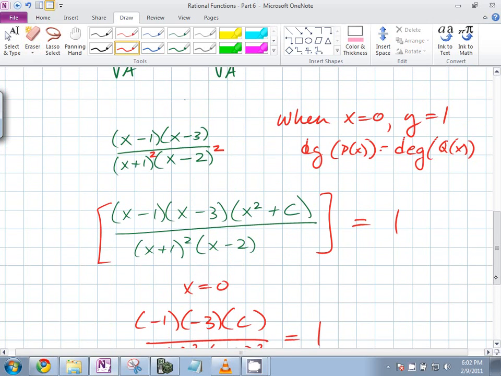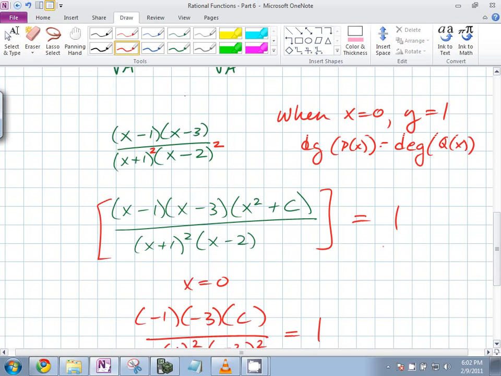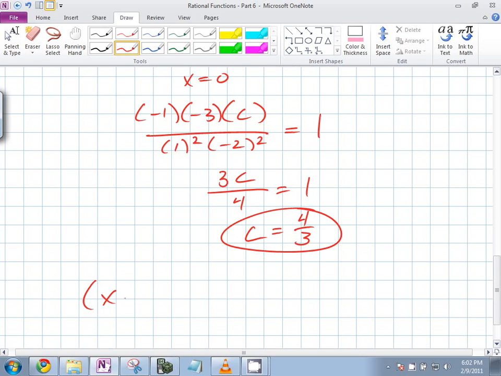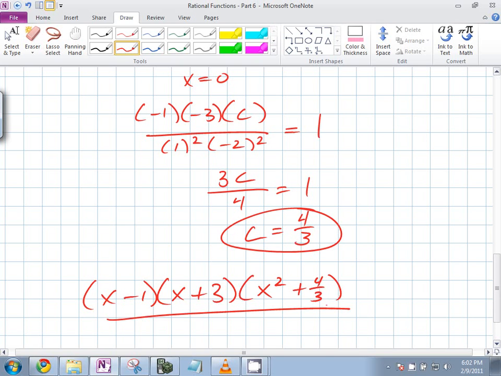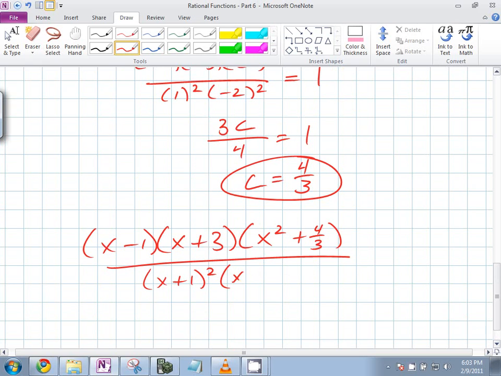What does that mean? We now know that c is 4/3, so we now have x minus 1, x plus 3, x squared plus 4/3 all over x plus 1 squared, x minus 2 squared. This is our function.